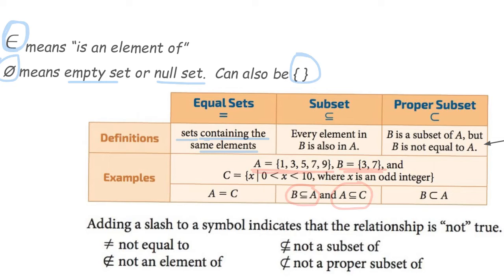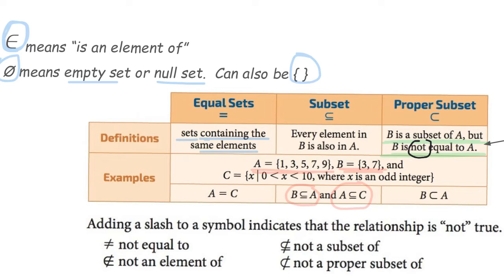Now, the confusion comes in when we talk about proper subsets. This is really where I get a lot of kids being confused. So, a proper subset is where a set is a subset of another set, but is not equal to it.